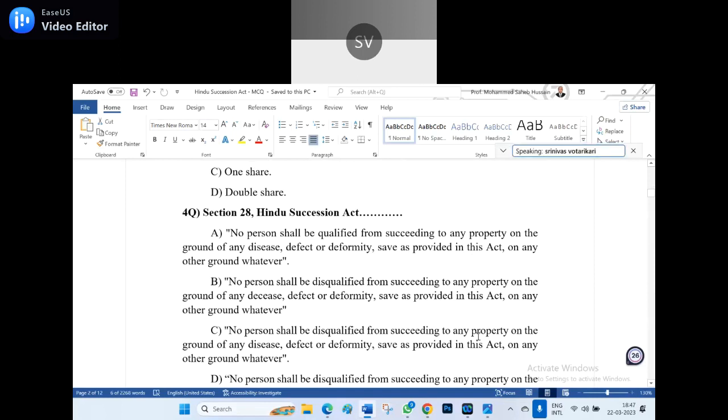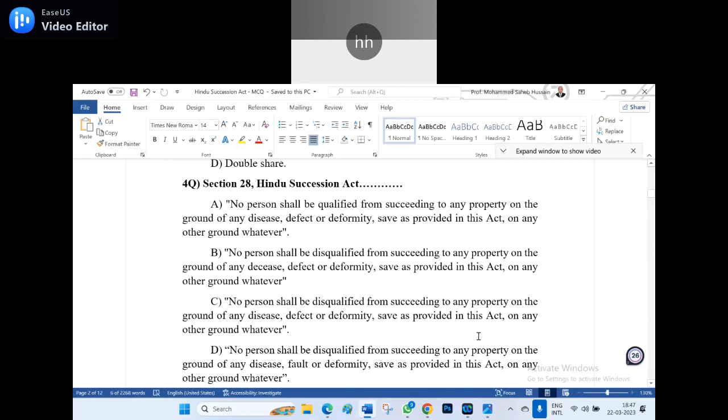Now the fourth question. Section 28, Hindu Succession Act dash. A, I quote, no person shall be qualified from succeeding to any property on the ground of any disease, defect or deformity as provided in this act on any other ground whatever. I unquote. B, I quote, no person shall be disqualified from succeeding to any property on the ground of any disease, defect or deformity save as provided in this act on any other ground whatever. I unquote.